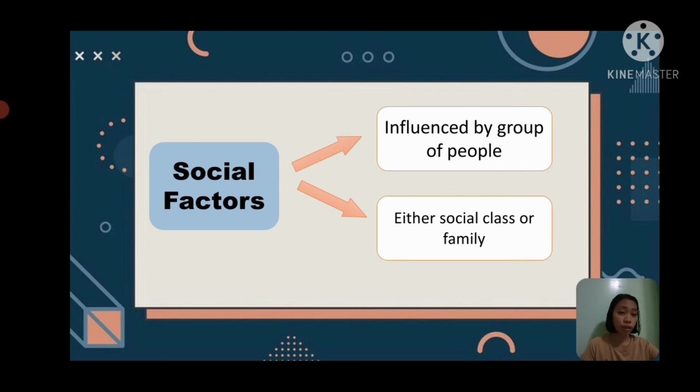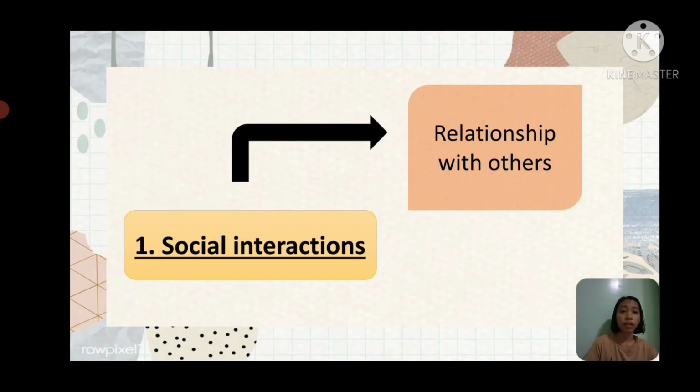The first one is social interactions. Social interaction is how learning can be enhanced when a learner has an opportunity to interact and collaborate with others in instructional aspects. It is a relationship with others.